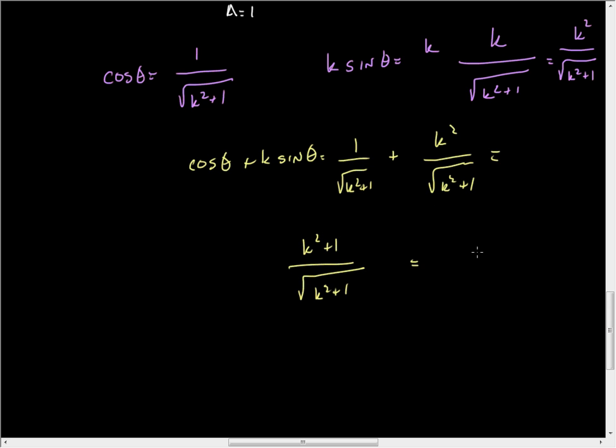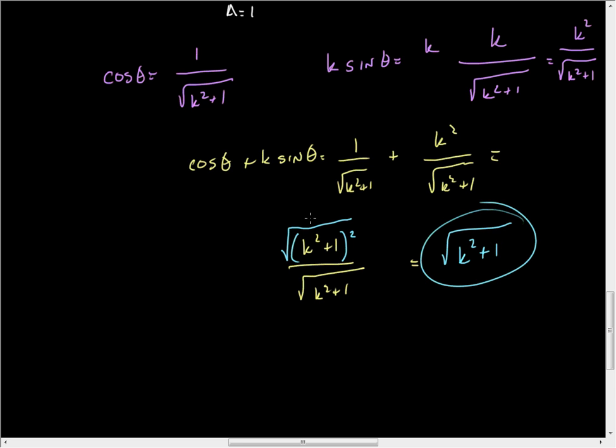Now if we rewrite this slightly and say that this is the square root of that squared, now you divide the things in the roots and you end up with the square root of k squared plus 1 as the answer.